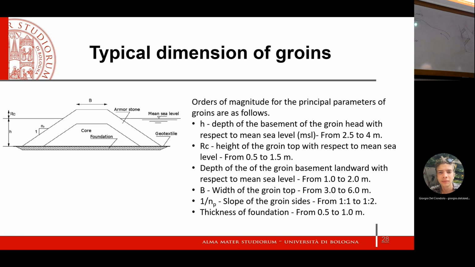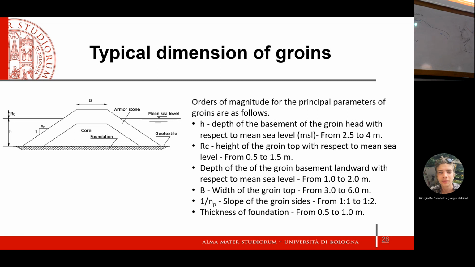RC, I already discussed it. B, the width of the groin top, is from 3 to 6 meters. Very often we have sidewalks on the top of the groins, which allow people to walk over them.